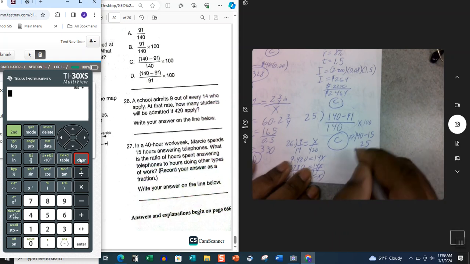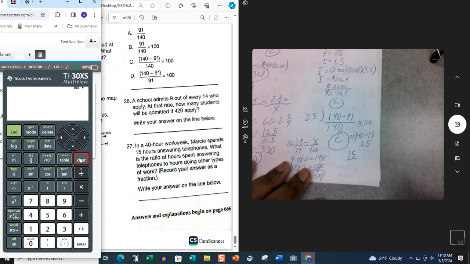So now they asked us for this ratio. They said ratio of hours spent answering the phone, we know it's 15, to hours doing other types of work, we know it's 25. So it's 15 over 25. But they want us to write this as a ratio, so we need to simplify this. So we hit this fraction key.